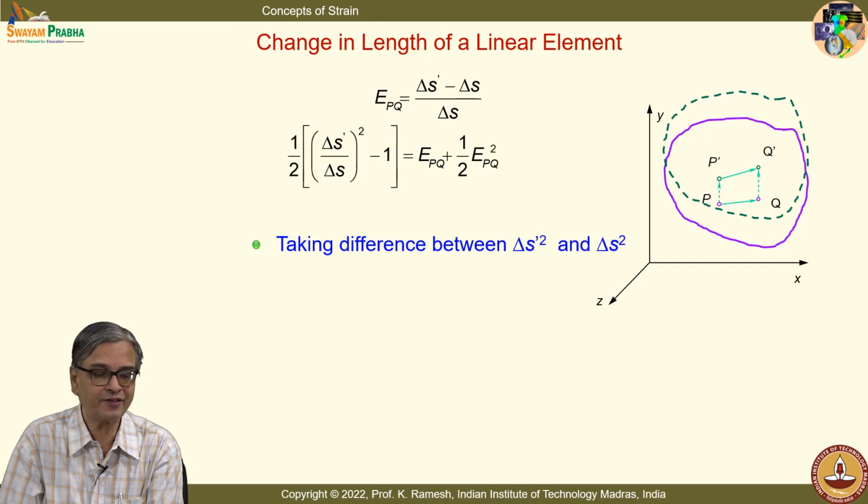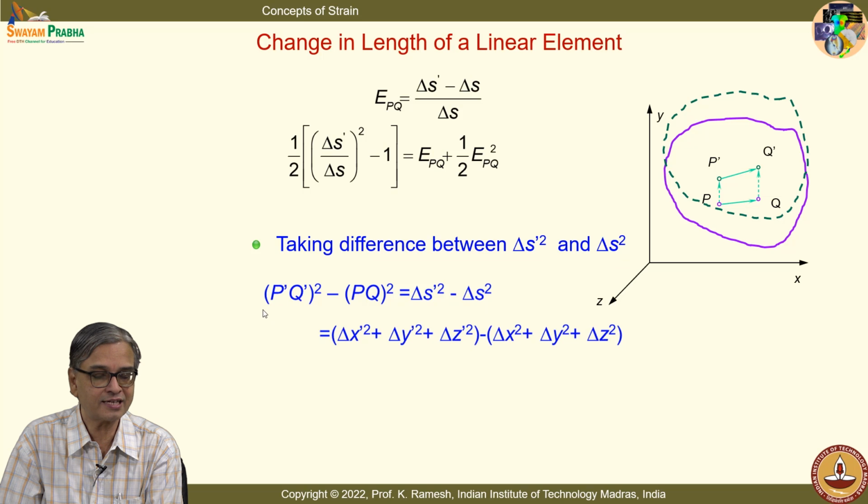So, taking the difference between delta S prime squared and delta S squared, I get this as P prime Q prime whole squared minus PQ squared. You have this expression, and we have written down in longhand the definition of delta x prime.